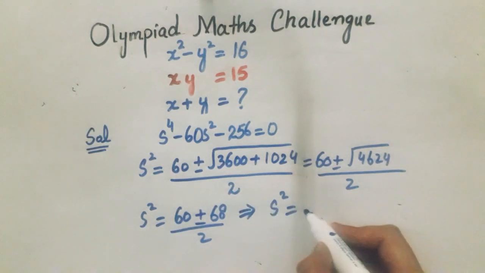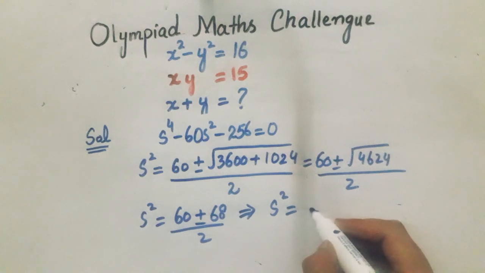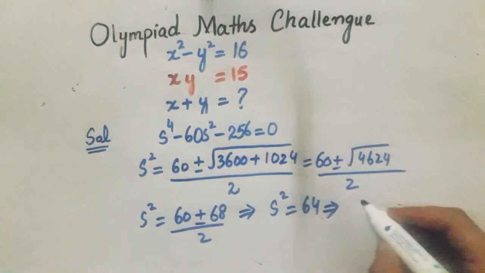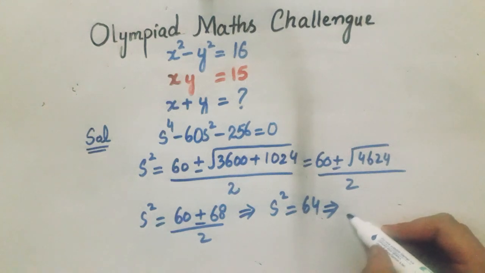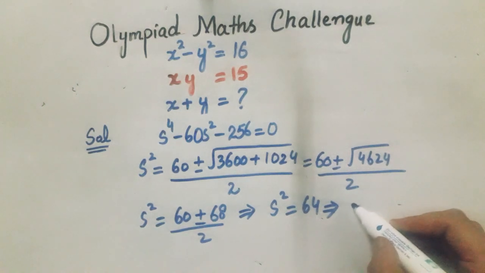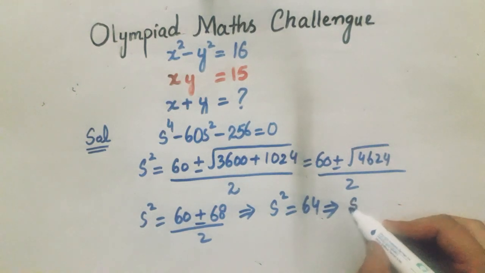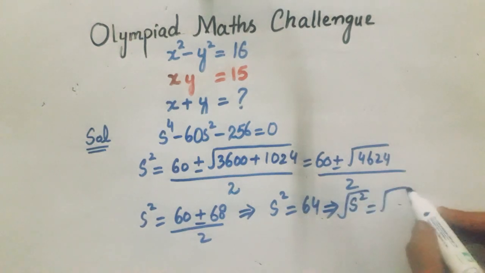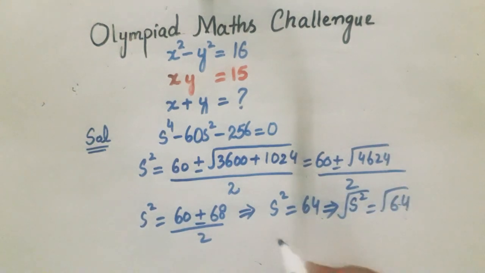And we will get s square is equal to the 64, which implies that s square, by taking square root on both sides, s is equal to plus minus 8.